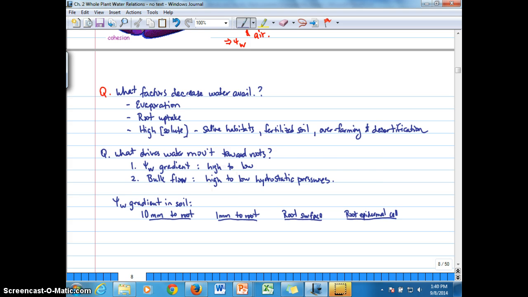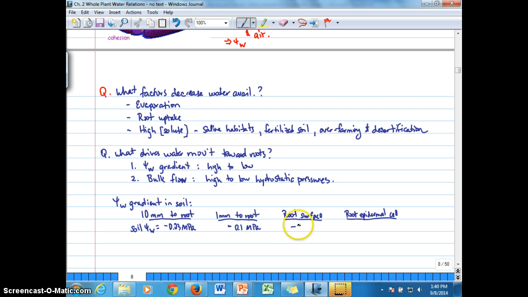Out in the soil, we're looking at values that might be close to field capacity, which would be negative 0.03 megapascals. As we move closer to the root, we're looking at a soil water potential of maybe negative 0.1 megapascals. That's a pretty big drop.